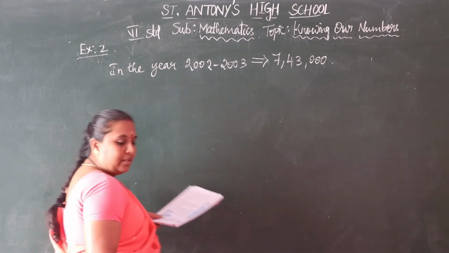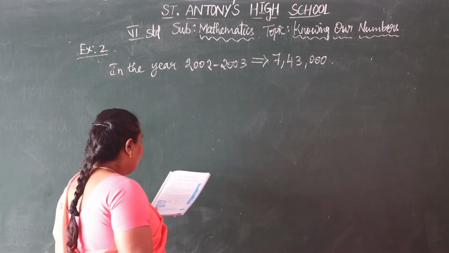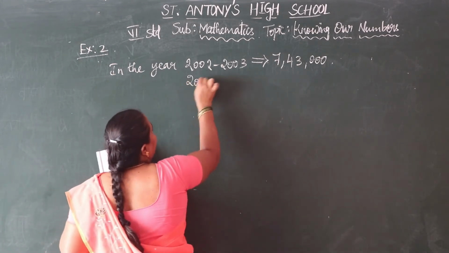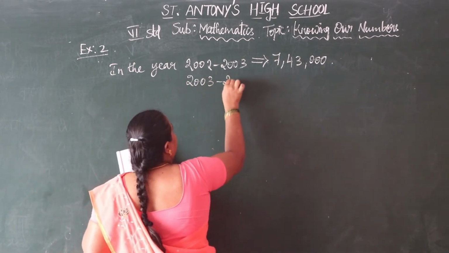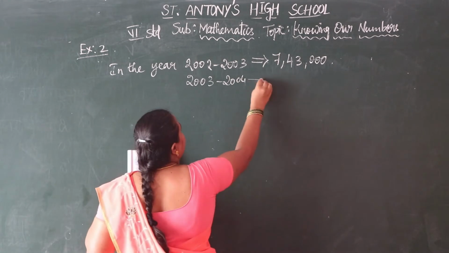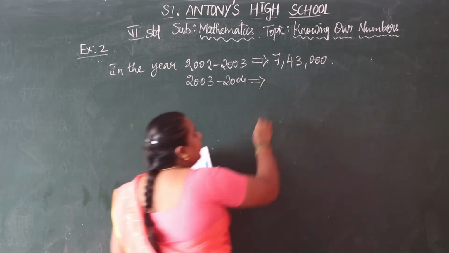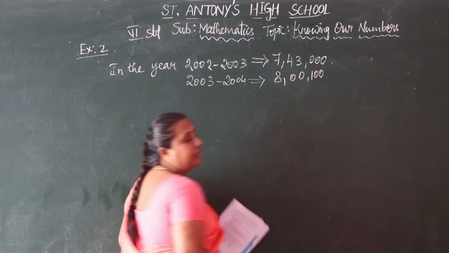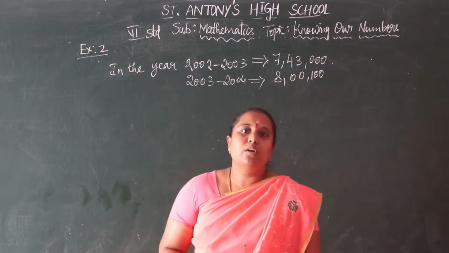So here 7,43,000. Next, in the year 2003 and 2004, the bicycles were sold 8,100,000. So which is more and which is less?